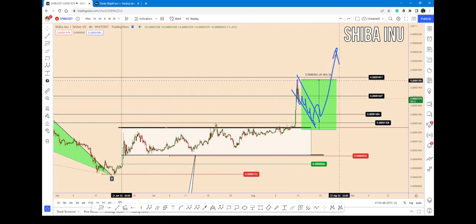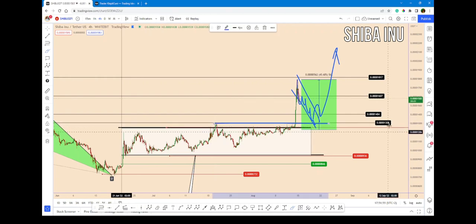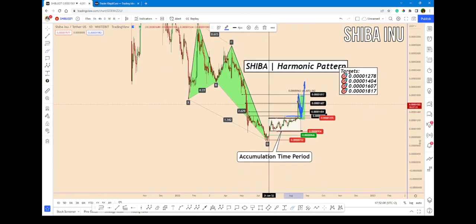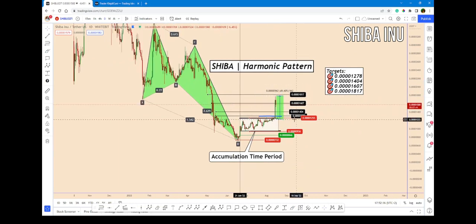So don't jump in this trade right now, because price can come close to this area again, 0.00001308. So it will be a very good movement in this way for Shiba. Just keep this scenario in mind, that it should come down, and don't jump in the trade right now.